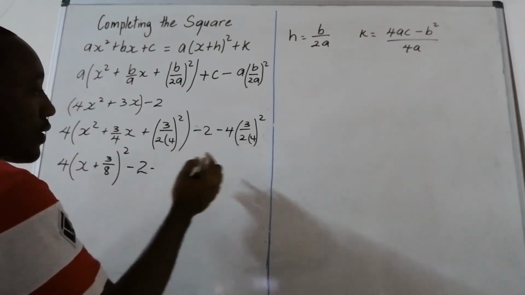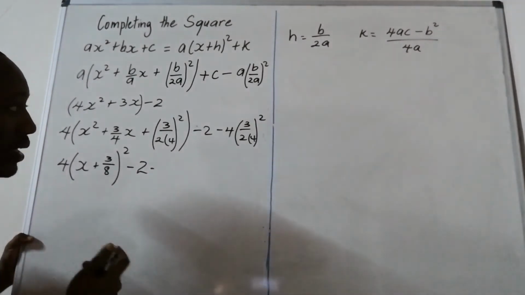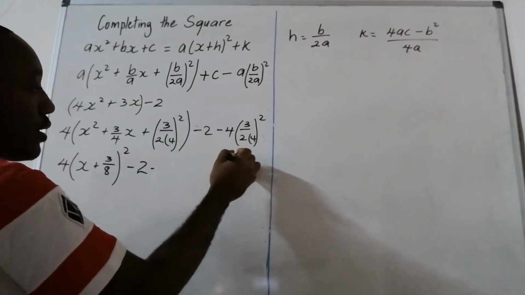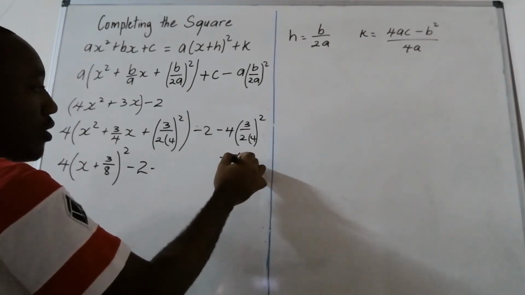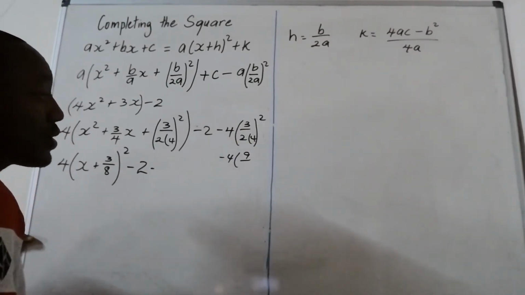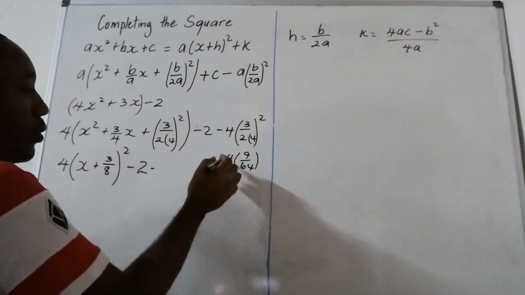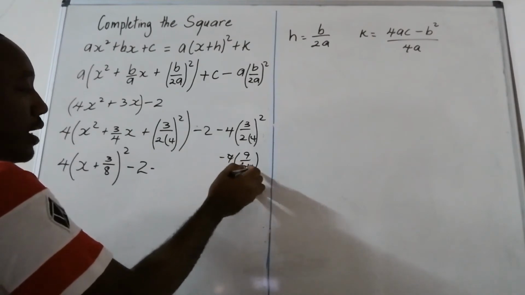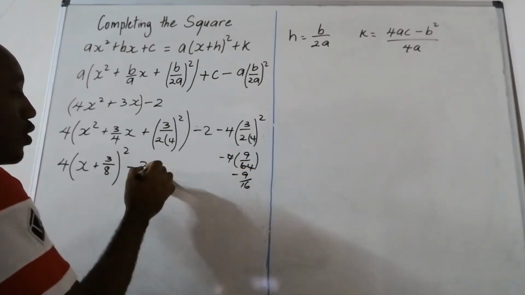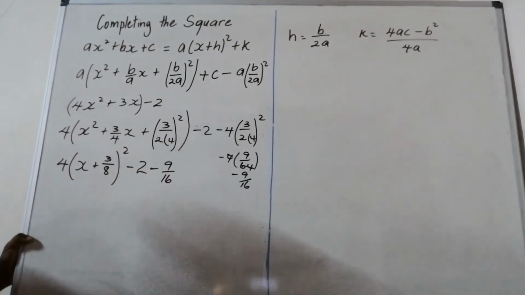This will give us 3 squared is 9, so minus 4 times 9 over 8 squared, 4 twos are 8, 8 squared will give us 64. Working this out, we will reduce that and we'll have minus 9 over 16.